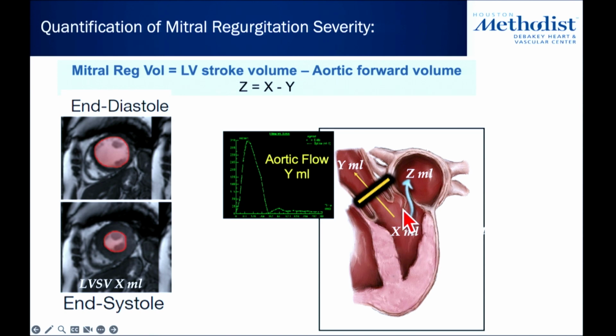One of the strengths of this approach, and this is the standard approach used in MRI for native mitral valve assessment or tricuspid valves, is that it really doesn't matter whether you can visualize the leaflets or the location of the prosthesis. Rather, you're just doing an indirect volumetric assessment to show that there's a discordance between the amount of flow that the ventricle is ejecting and the amount of flow that's going forward across the aortic valve. And obviously, in the absence of a VSD, that would represent the mitral regurgitation.